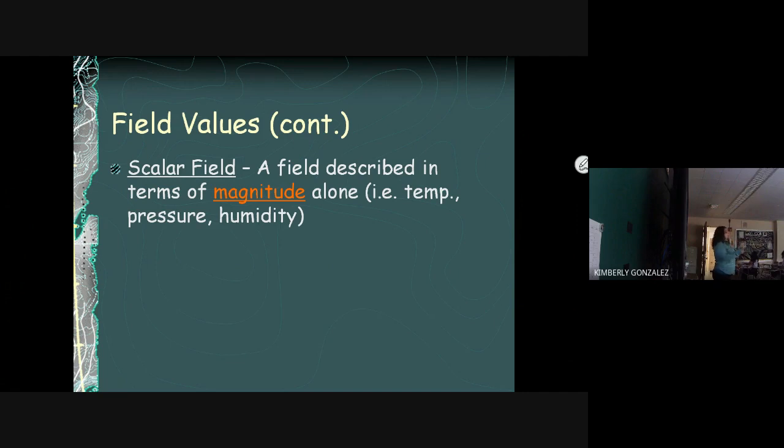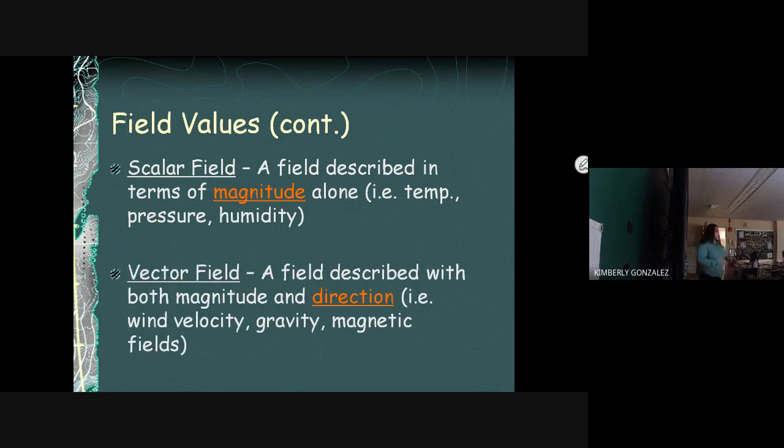That's what magnitude means, right? It's just a value, just a number. Versus vector has the number and the compass direction. So scalar is just the number, and vector is the number and the direction.